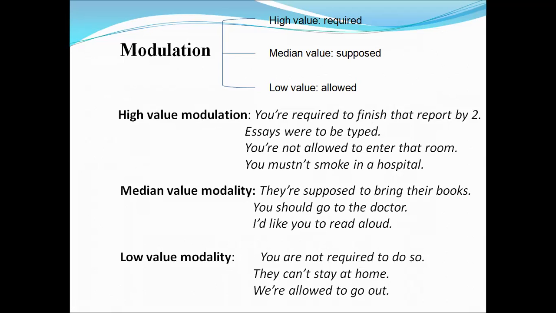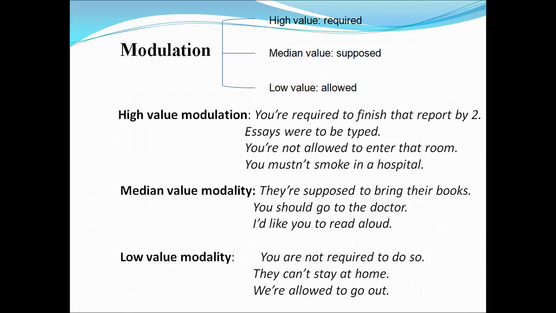High value means required, median value means supposed, and low value means allowed. Especially students of 12th class in our country, Nepal, studied supposed to, allowed to, etc. at 12th grade. So look at here, high value modulation: you are required to.